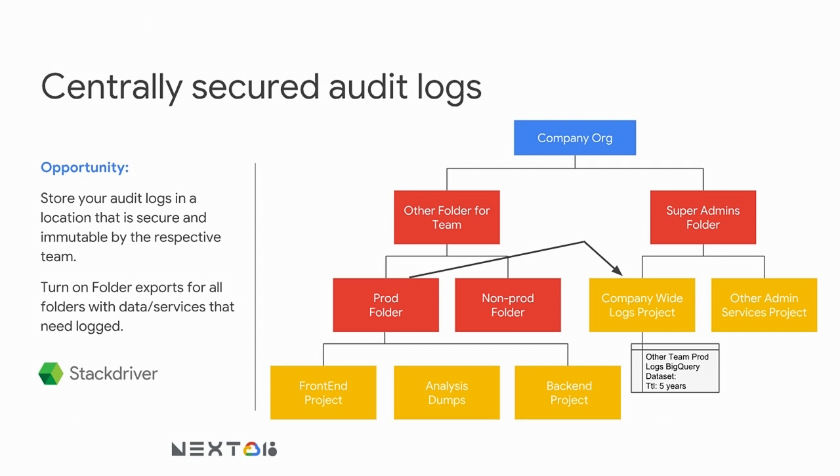Another key detail on this slide, and Charlie spoke a little more about this earlier, is that we are pretty heavily using cloud folders to segregate different clusters of projects into different hierarchical paths. And this is very nice because Cloud Folders has a feature where you can turn on audit logging for all children.